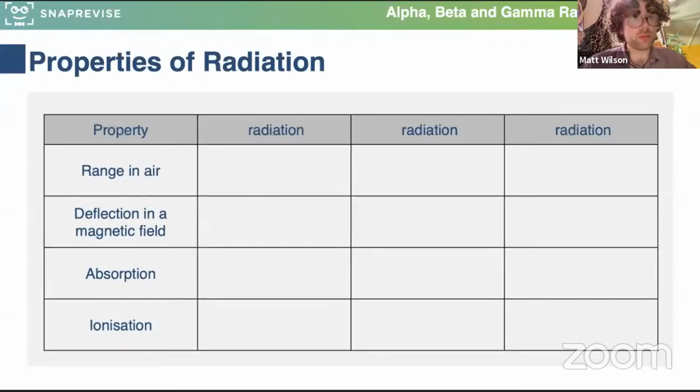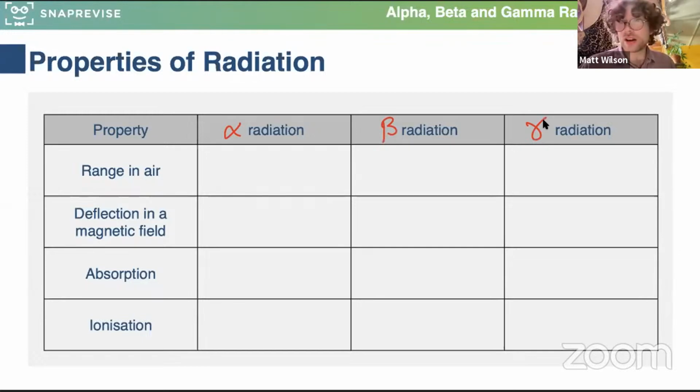So to start off with, we're going to look at some basic heuristic properties of these different kinds of radiation. Okay, good. So let's start by thinking about alpha radiation, beta radiation, and gamma radiation. Good.